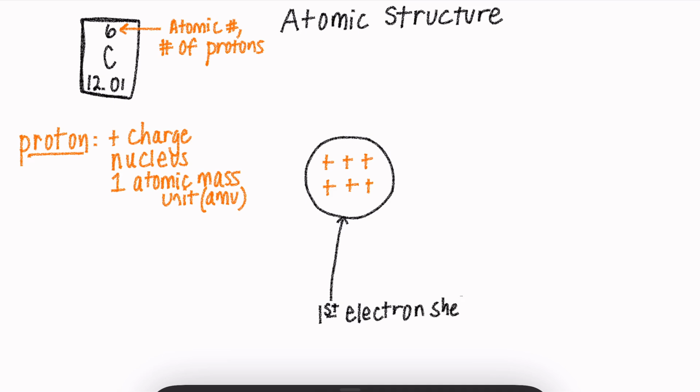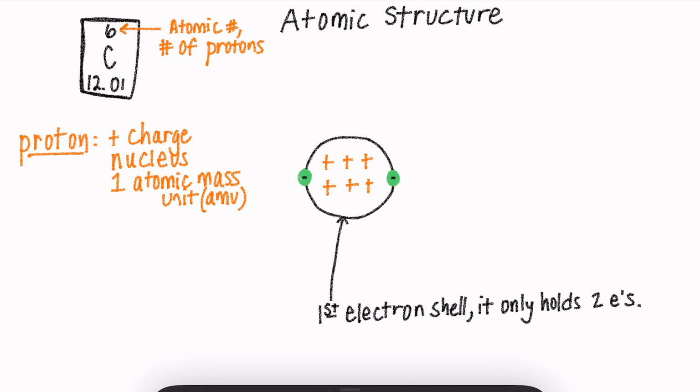And because it's little, it can only hold 2 electrons. But if it does have 2 electrons, it's full and stable. So we'll go ahead and put 2 electrons on here. I'll put 1 here and 1 here. And these electrons have negative charges, so I can put that in the middle just to remind you that these are negative.